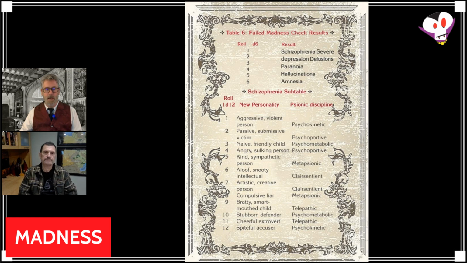So, for instance, if we look at schizophrenia, in this case, the rules slightly differ between the editions, but on page 37 of the Red Book, the PC's mind basically splits into 12 distinct personae. So the Domains of Dread book has it even worse. Your mind fractures into all these different fragments. I think it's like 10d10 or something crazy. This can have a number of effects.